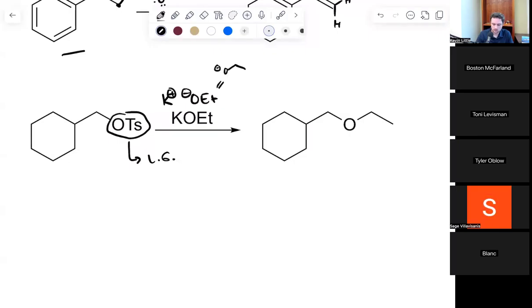So one of the things that this question is getting at is see this oxygen doesn't come from this. No, that oxygen comes from the OET. These groups are the same.